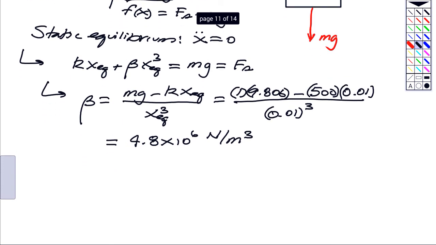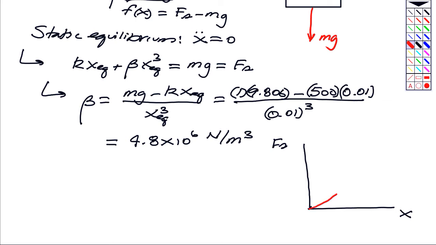So what we have at static equilibrium, let's make a sketch here of Fs versus x. We know that that's a cubic function like this.